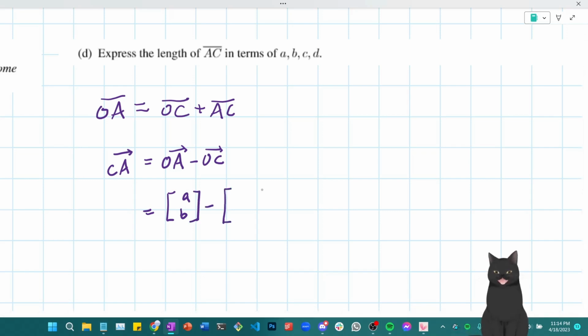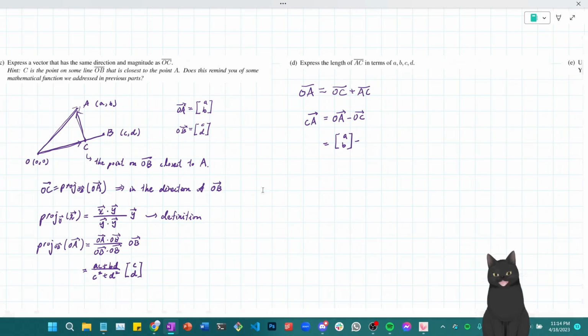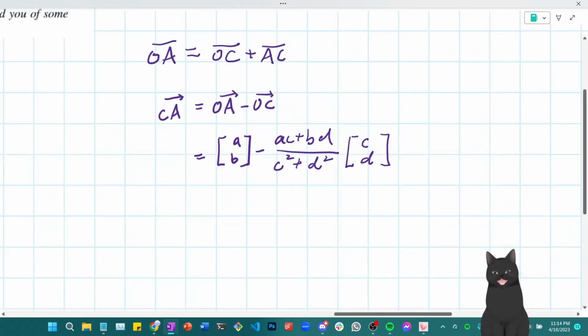Meanwhile, OC is, well, we've written the expression of OC before, in the part C solution: AC plus BD over C squared plus D squared times CD. I'll stop explaining the solution of part D here because usually an exam is not insane enough to tell you to express the length of this vector, which would just require you to state the magnitude of the vector that I write below here.